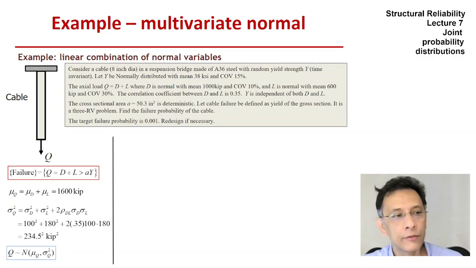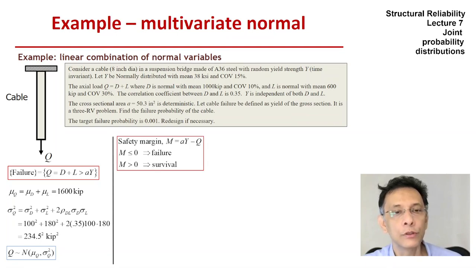Next, we define a new random variable which we call the safety margin. So the safety margin is M equals AY, the strength, minus Q, the load, and if M is 0 or negative, we have failure. If M is positive, we have survival. So these are complementary events.